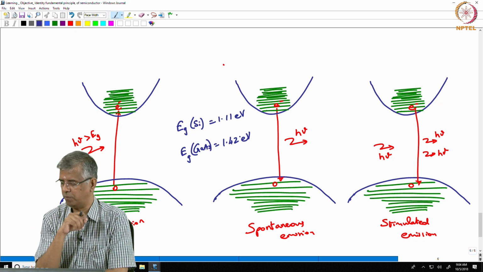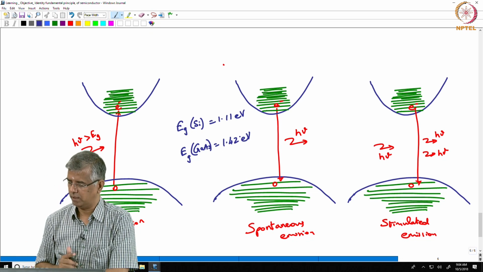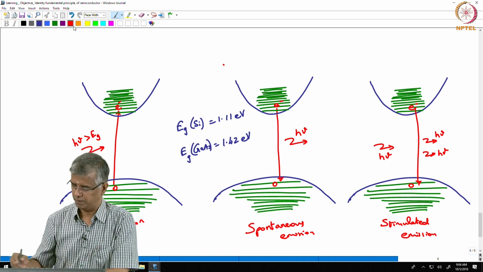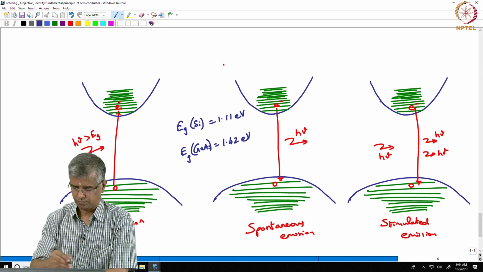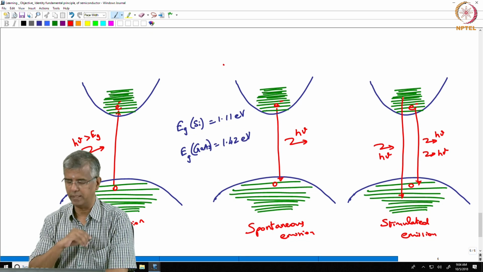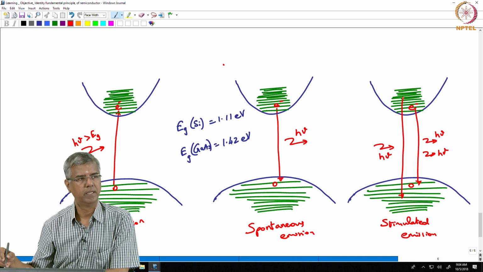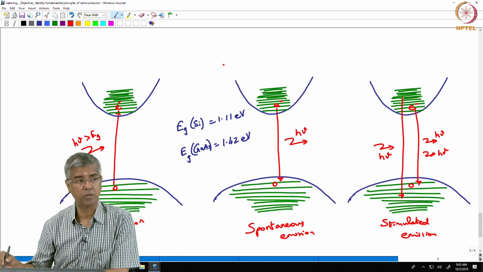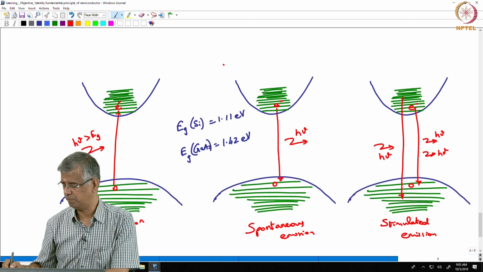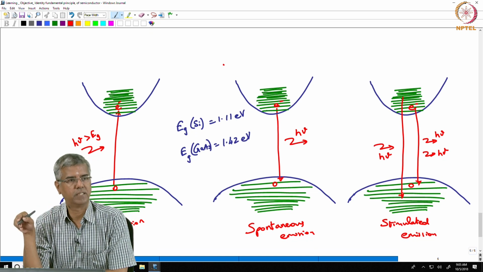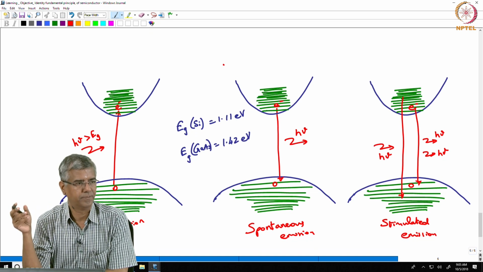For example, if you come in with h nu like this, and that energy corresponds to something like this, and if you do not have an electron present in the conduction band and a hole present in the valence band at these corresponding energy levels, you will not have stimulated emission, you will not have gain.